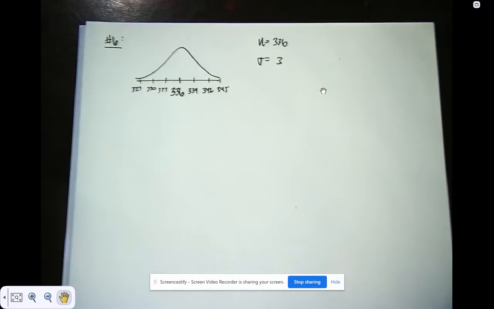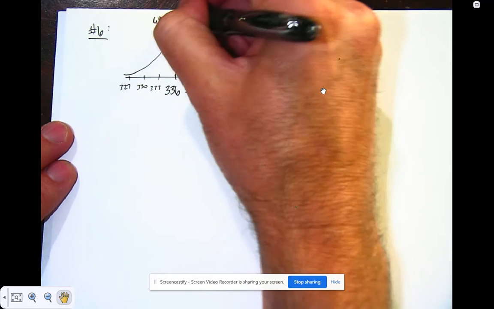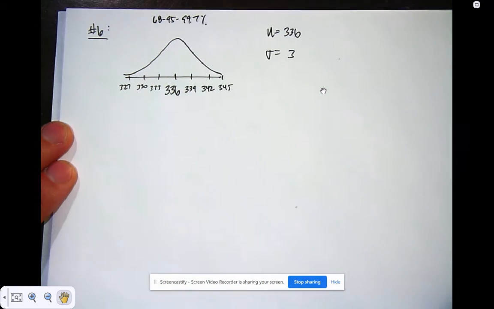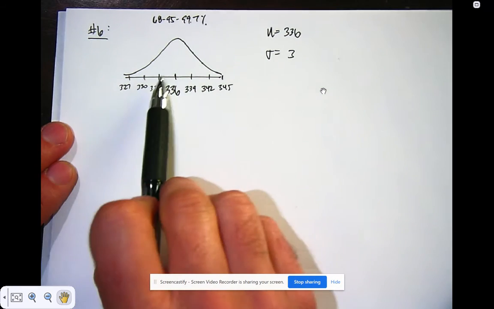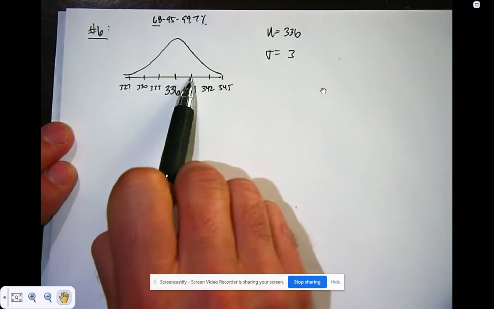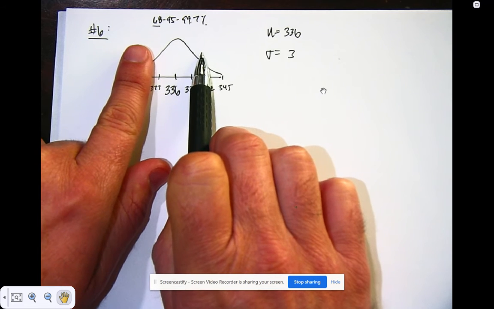Okay, and we also know, because it's normal, that the 68, 95, 99.7% rule applies. And again, what is that? Well, if you're just catching up on this chapter, that means that one standard deviation away in both directions will capture 68% of all of the lengths of horse pregnancies.